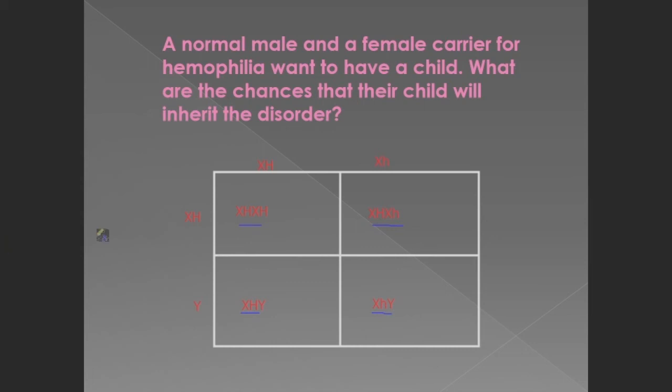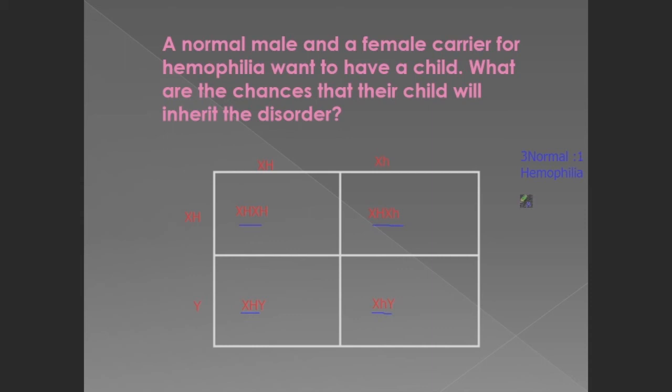So if we want to look at this percentage-wise, we have 3 normal and 1 hemophilia. And let me look at how to spell that because I know I will misspell it. 1 with hemophilia. So 3 normal, 1 hemophilia.